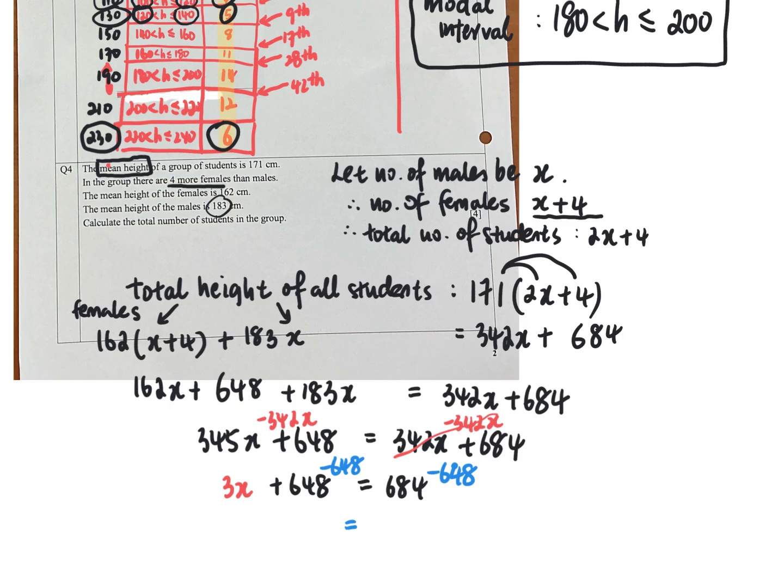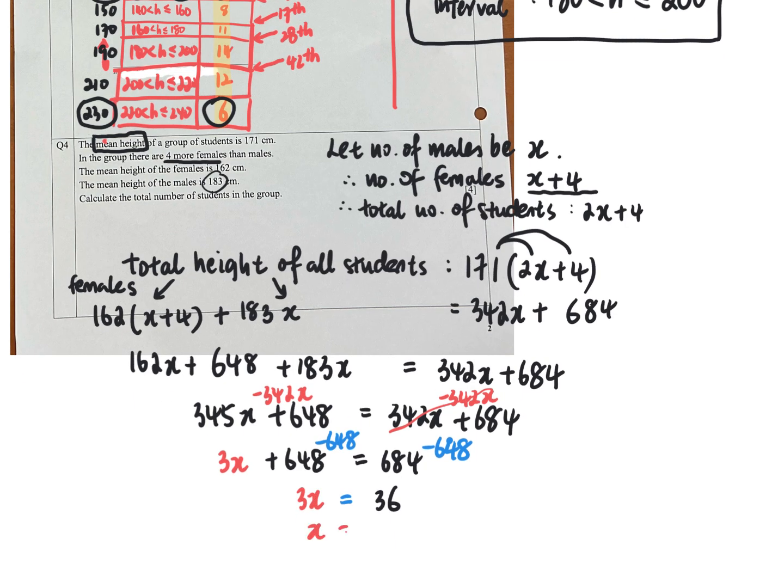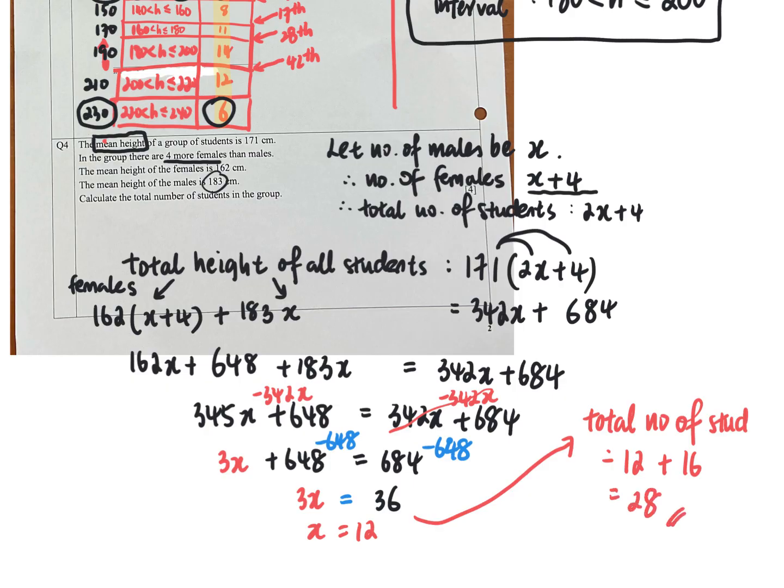Okay, so with that, x is just 12, but x is the number of males. I want total number of students. So male is 12, female is 16 because it's 4 more, so there should be 28 altogether.